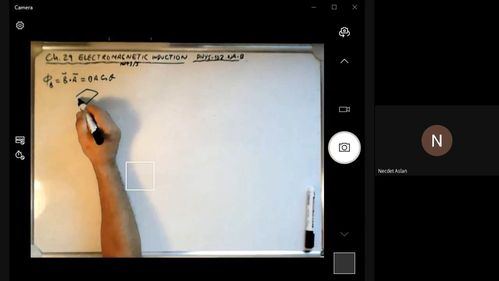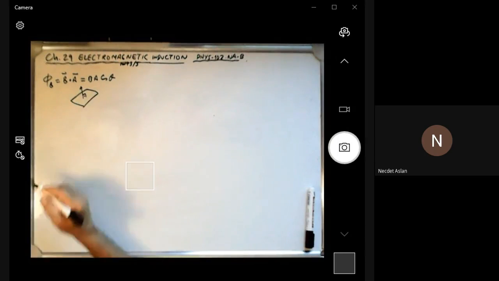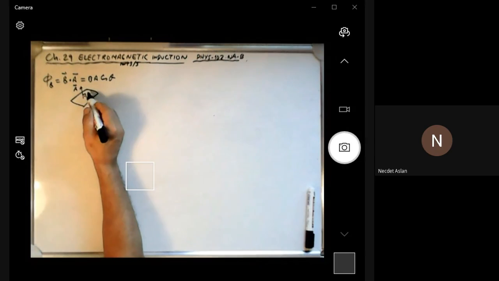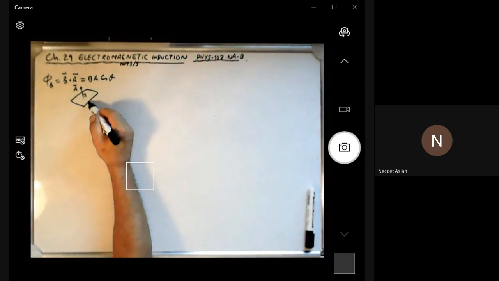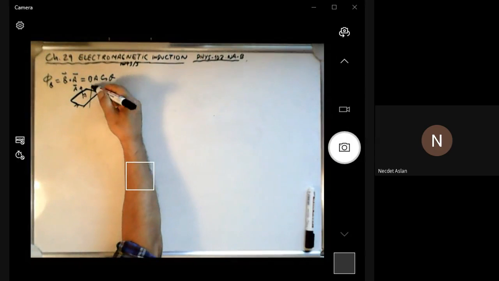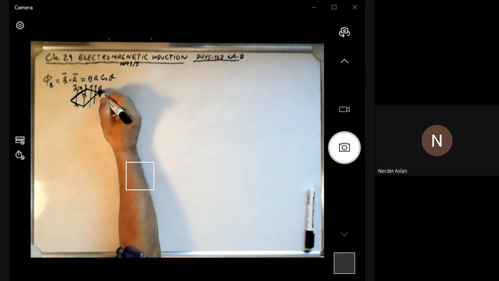So suppose this is the area, and the area vector is always perpendicular to the area, and the magnitude of the area vector is the area of this circulation. Actually, this circulation is like the wire, and we put this system into the magnetic field in an arbitrary direction.